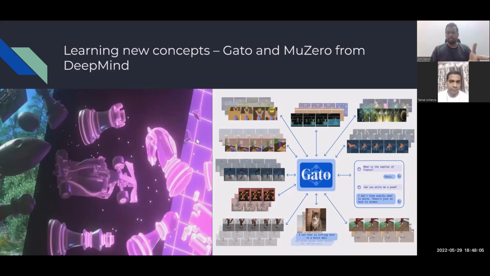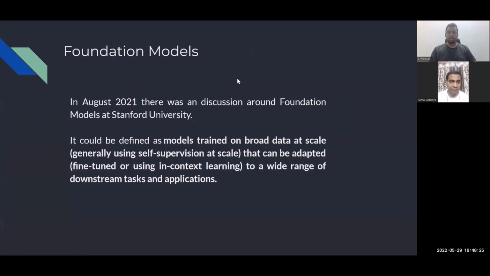Fundamentally, the idea of generalization has been there for quite some time, and no true AI model will ever be complete without it. Gato seems to be a good step in this direction. Based on this, people have started talking about something called foundation models.